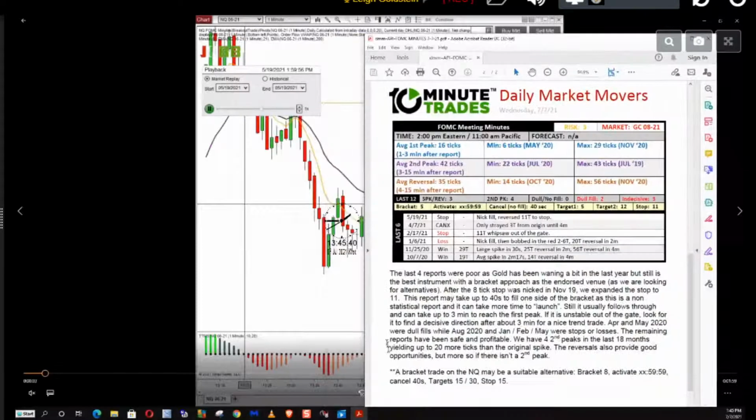A bracket trade on the NQ might be a suitable alternative. Bracket 8, activate at 59, 40-second cancel, targets of 15 and 30, stop of 15.